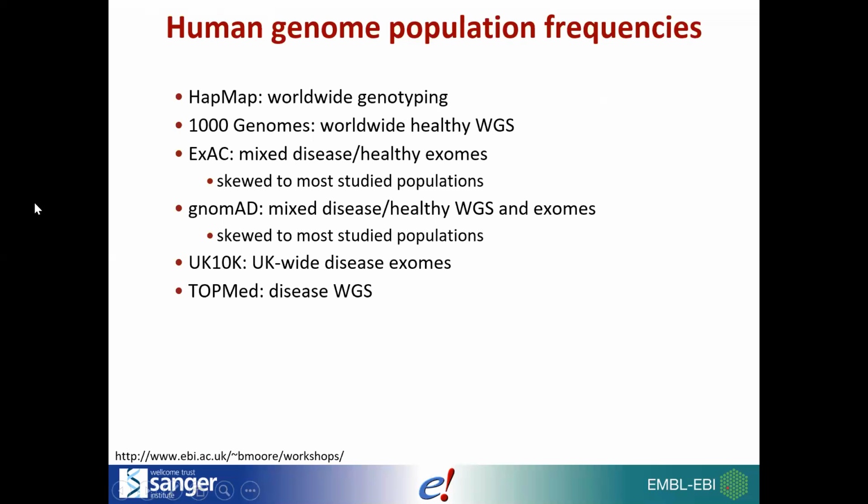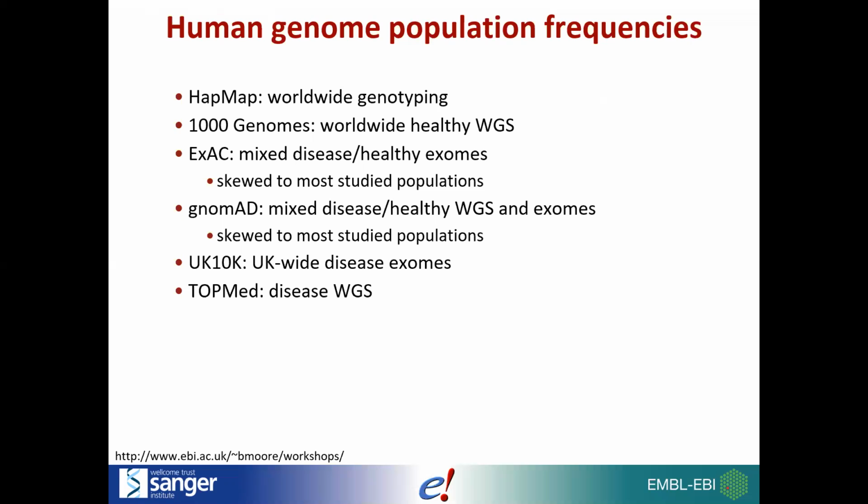In addition to that, nowadays we have single country genome projects, so that people are trying to map the variants common in Finland or in Korea or Iceland or wherever. In the UK, the UK10K has focused on sick people, so that they have sequenced disease exomes.